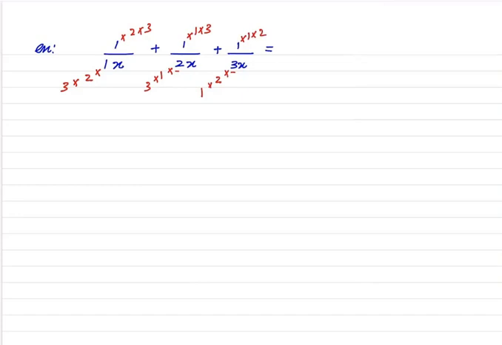So once you do that, you get 6x here, plus 3 divided by 6x here, plus 2 divided by 6x here. Then here you can see 6x, 6x, 6x common, right? So we are satisfying that common denominator. Now that would be 6x. Now you can add these together, right? So that's going to be 11.